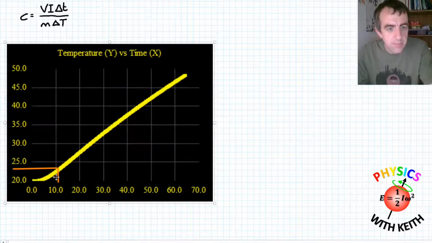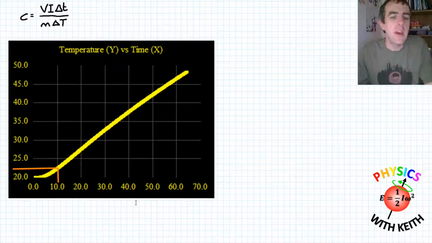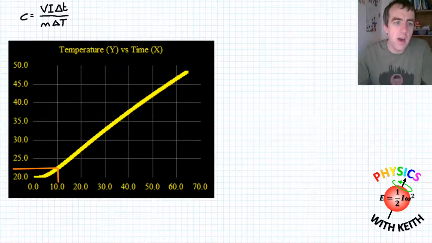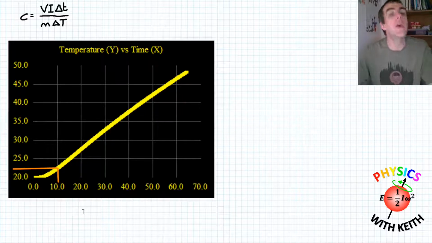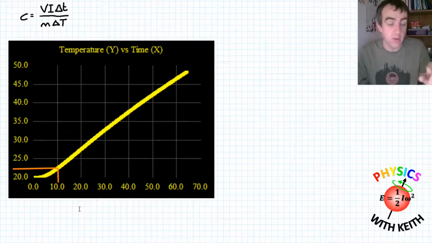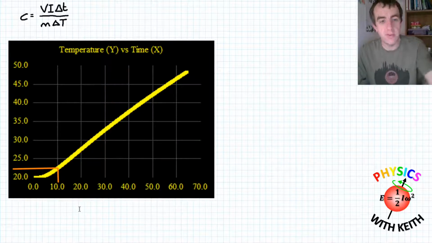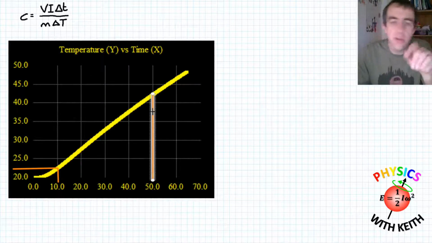If I take those 2 points, I can see on the x-axis where we have time, that's at 10 seconds. And the y-axis where I have temperature is between 20 and 25 degrees Celsius. In fact, I think that's exactly halfway. So I'm going to call that 22.5.